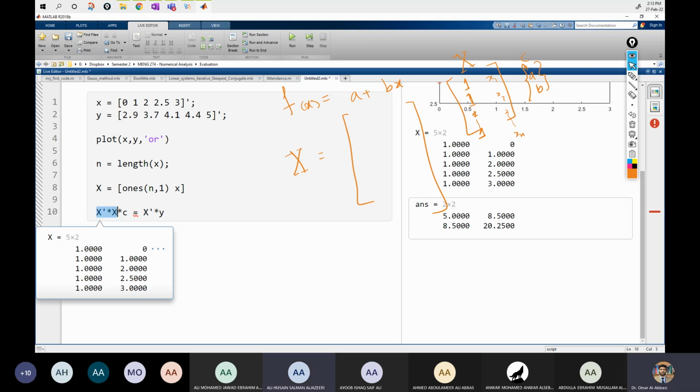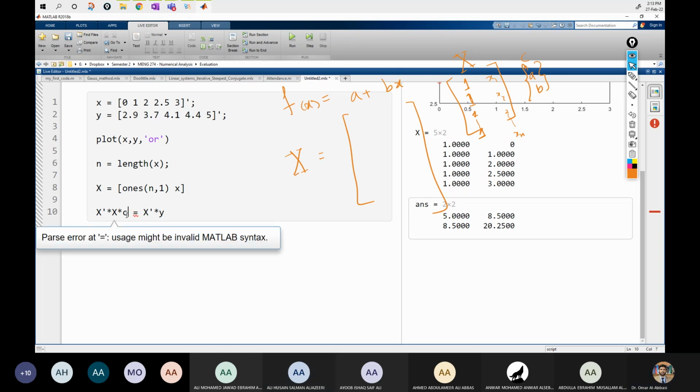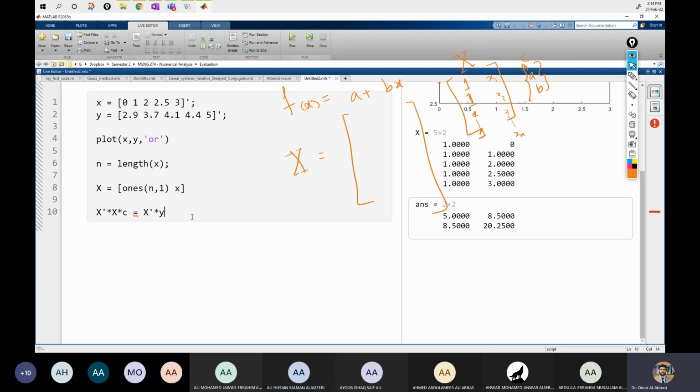Doctor, shouldn't X be with Y? Shouldn't C be alone on one side? Shouldn't the C matrix be alone? Then just X inverse. No, X, I'm saying. Okay, I'm saying originally the problem was X times C equals Y, right?